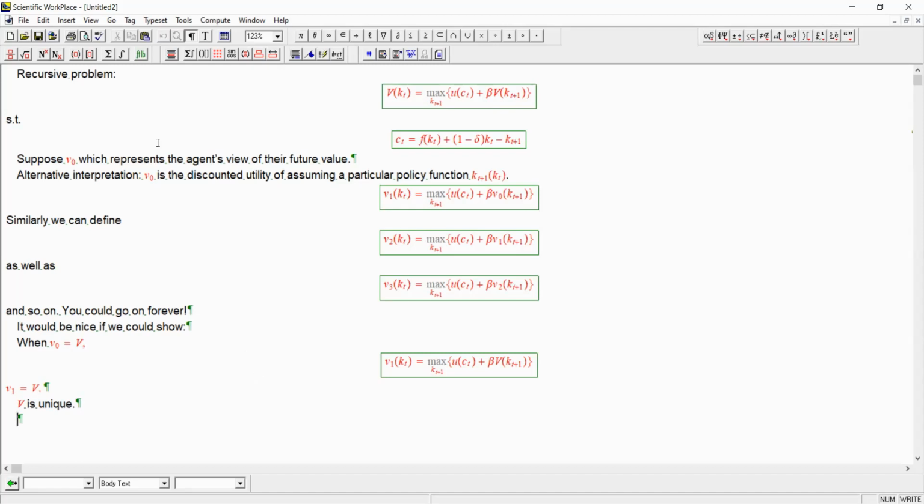And a third really nice result would be, what if not only is it unique, but for any starting V0, the limit as n tends to infinity of this process takes us to that correct V. That would be wonderful. And it turns out that we can show that.